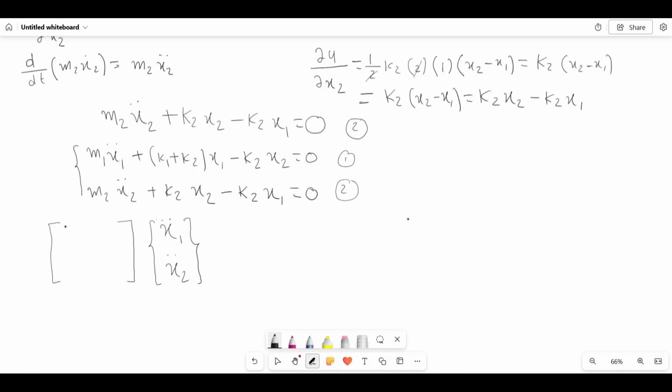M1 multiplies all these rows. Where there is 1, it will multiply like this, and it will also multiply like this. Where there is 2, it will multiply like this, and it will also multiply like this. So x1 dot dot goes along this row, x2 dot dot goes along this row. You will see as we do it.